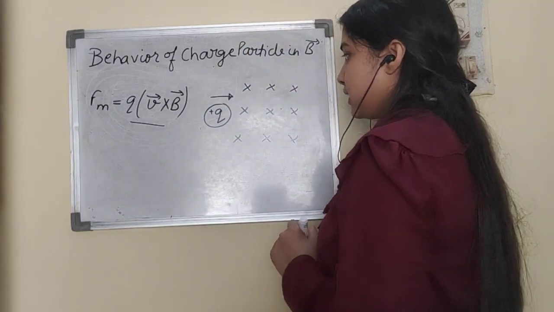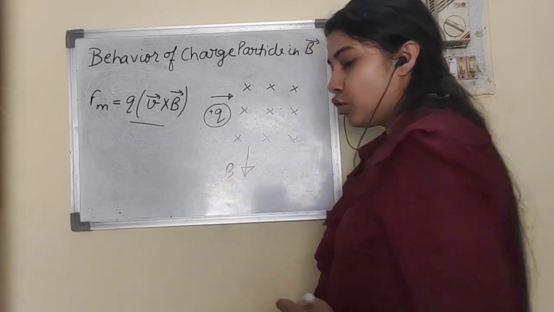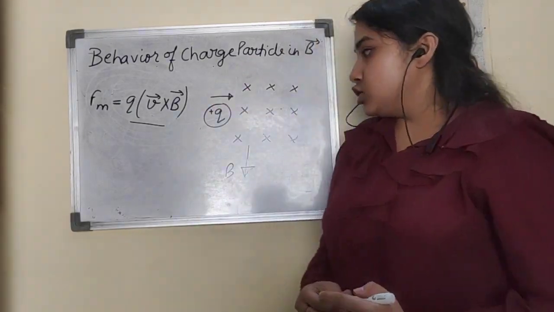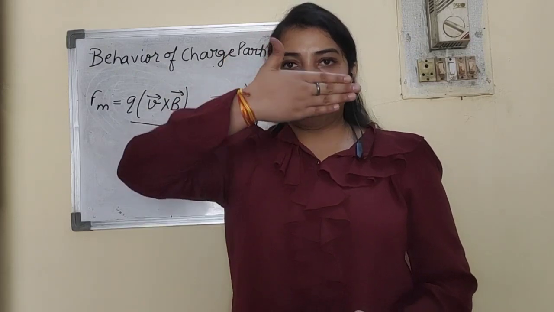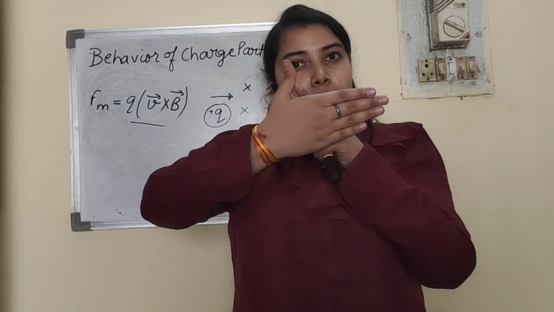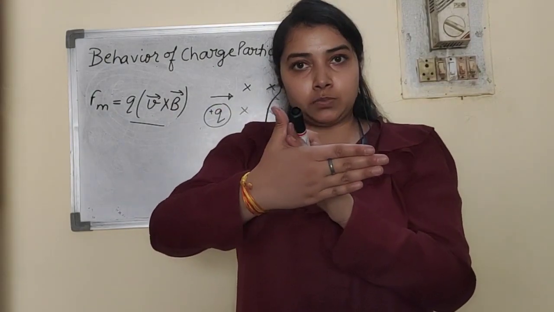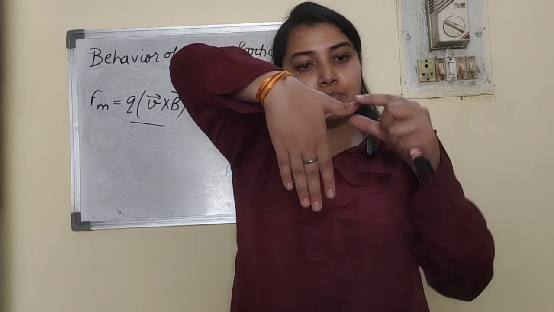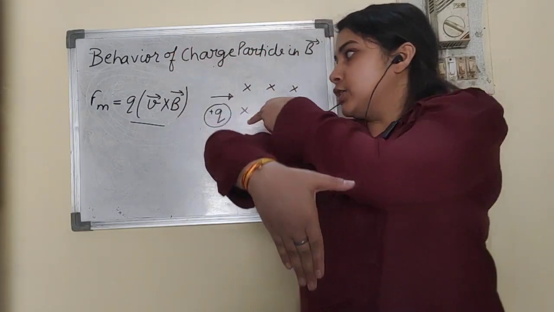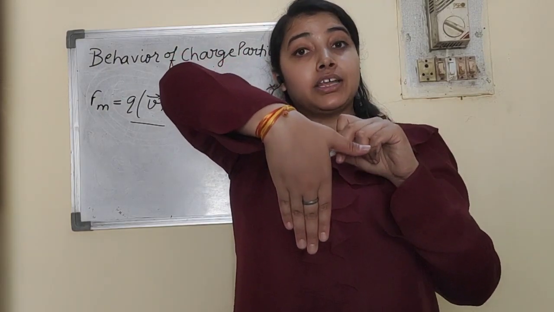Now, in this case, as you can see, the direction of magnetic field is downward. So, finger will represent the direction of magnetic field. The direction of magnetic field is downward. Thumb will represent the direction of motion of charged particle. So, your palm will represent the direction of force.